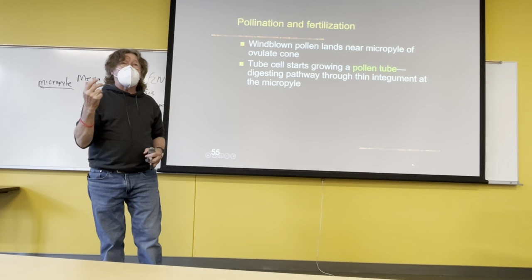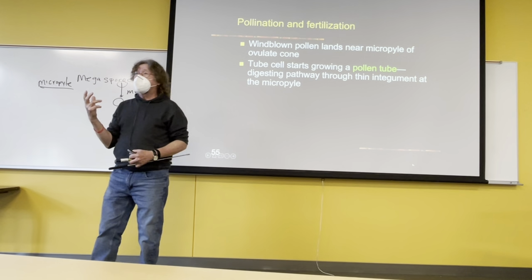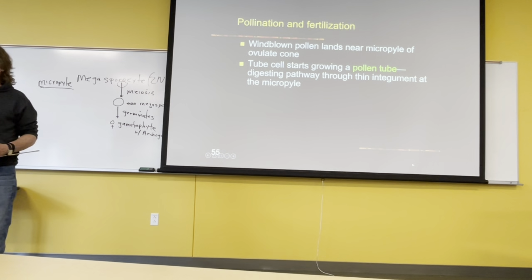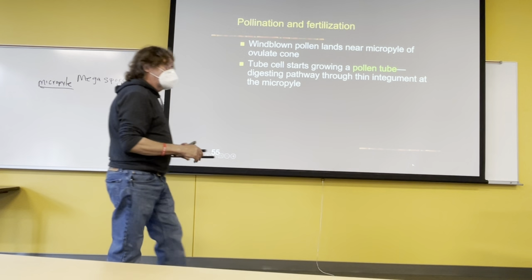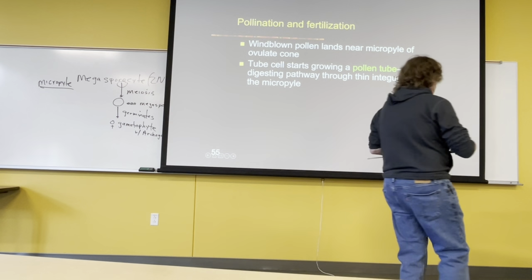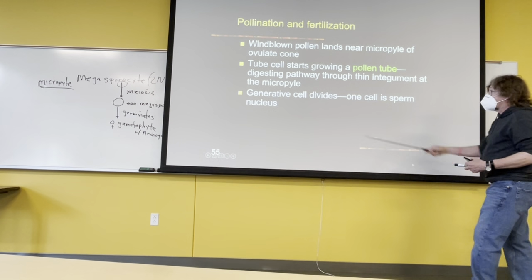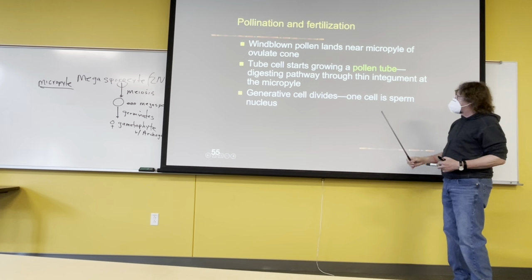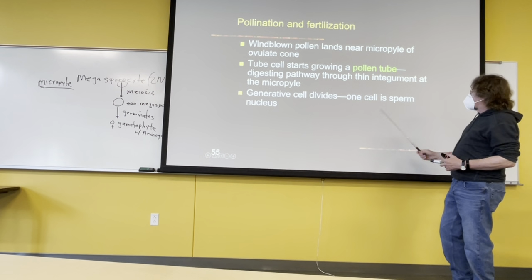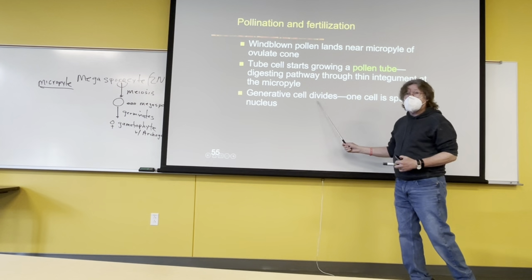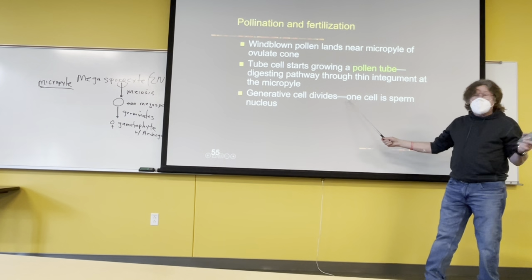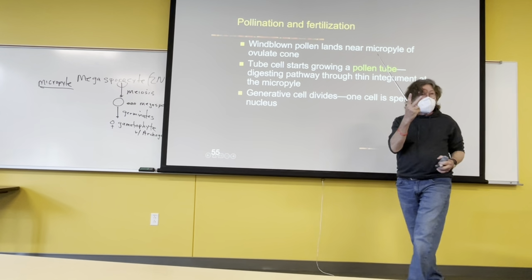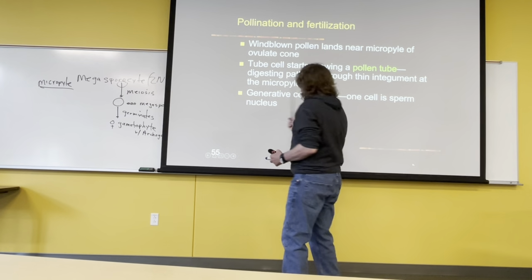It's being guided by chemicals that are released by the archegonia, and so it's being directed toward the archegonia. So it will grow in that direction. And that's the micropyle. At the same time, this generative cell divides. And one of the resulting 2 nuclei that comes from that division, what type of division is that?